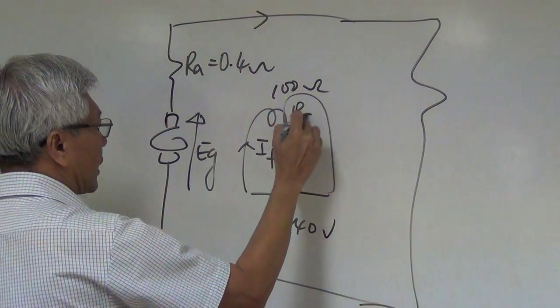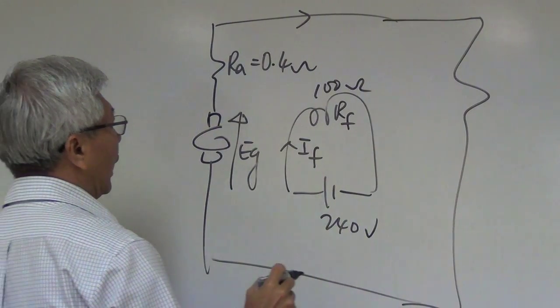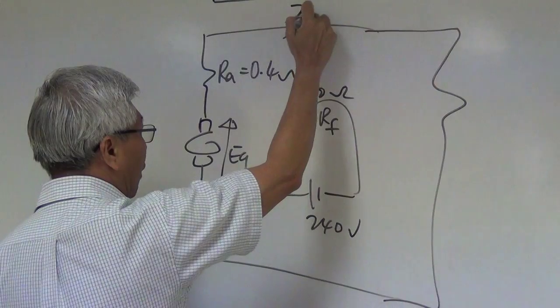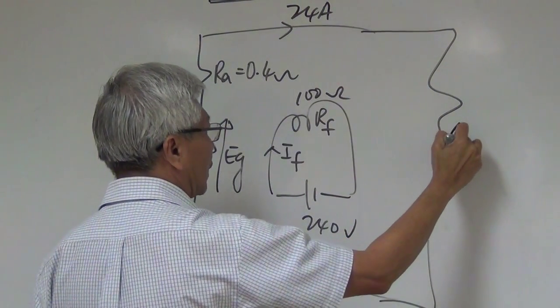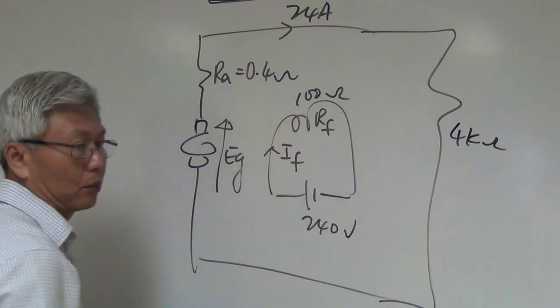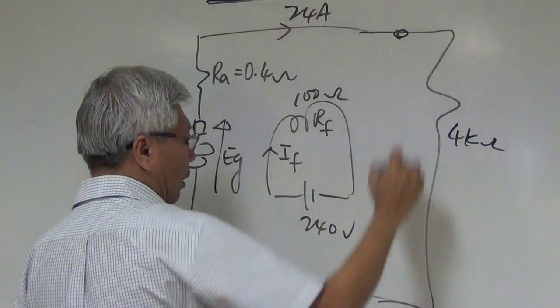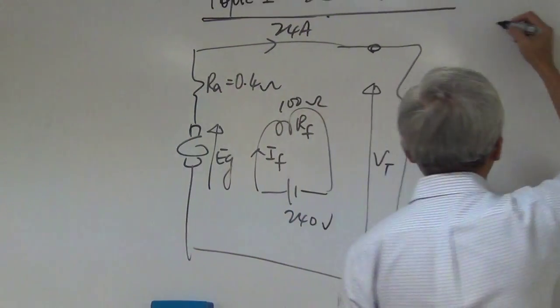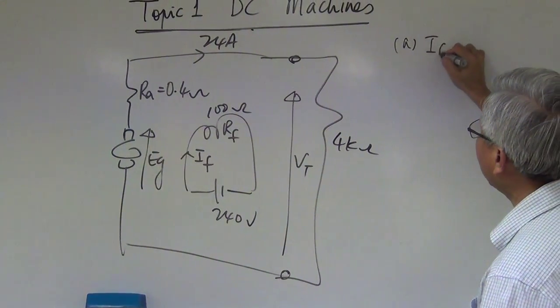And if I were to tell you that IA is equal to 24 amperes, and here is 4 kilo ohms, RL, and we recall here's the terminal voltage.